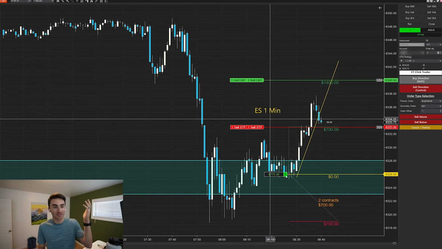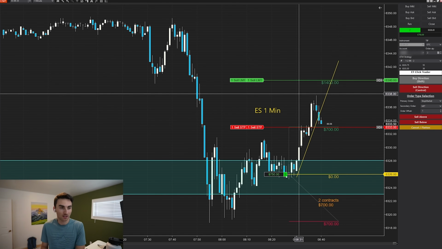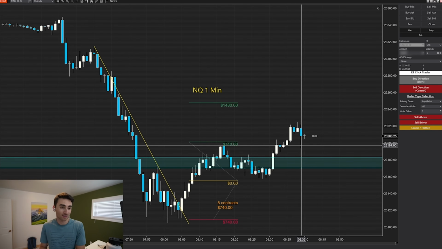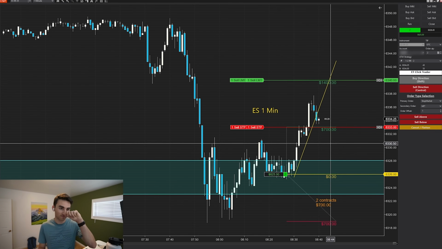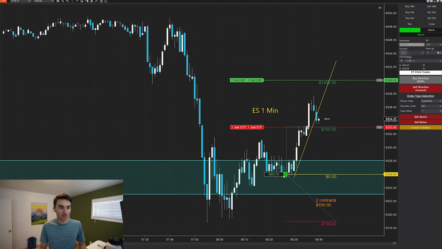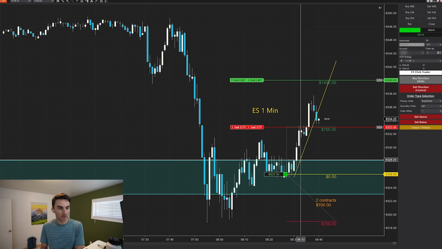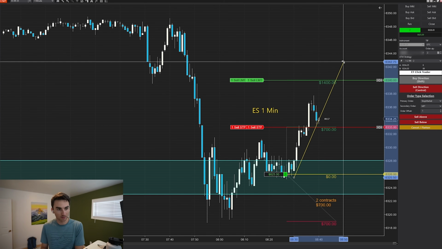But again, it's given back a lot of the move, and the market's just not acting great in terms of strength. NASDAQ here, that's a little bit nicer of a bottom to hold. But again, I think ES is going to hold this and keep going higher if it's going to hold. But this uptrend is already kind of broken.